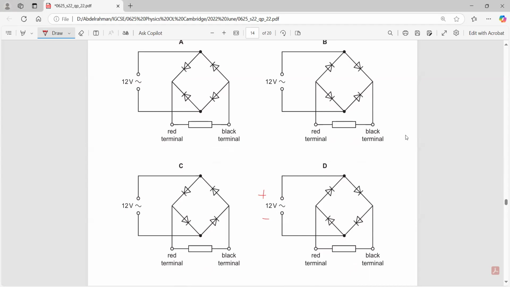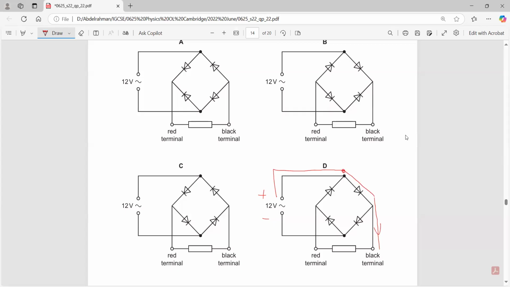If the current starts moving in this direction, at this point it cannot move to the left, so it will definitely move to the right, and then at this point it has two ways to go. But let's say, for example, that it wants to move downwards.